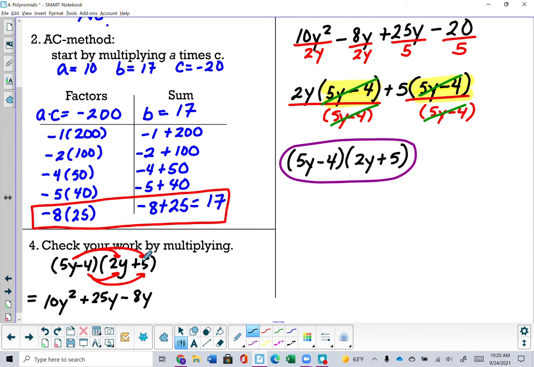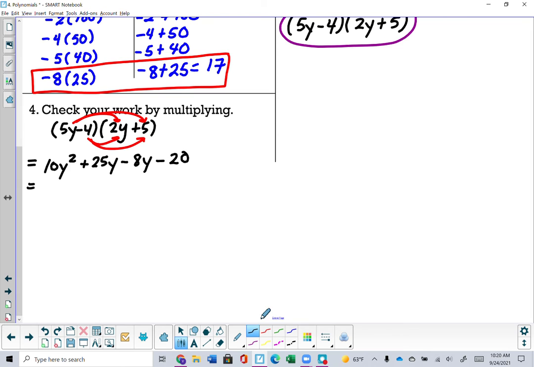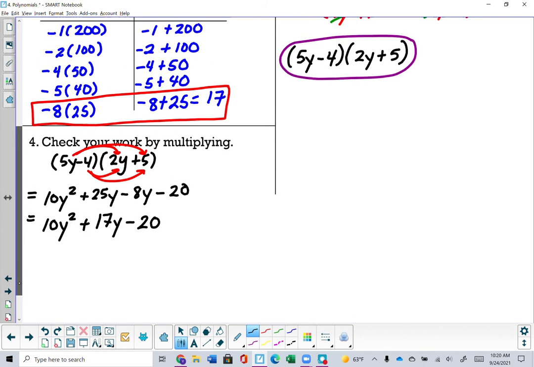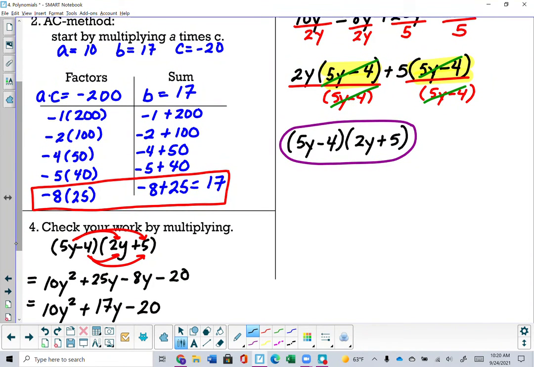And then minus 4 times 5 is minus 20. So combining your like terms, we get 10y squared plus 17y minus 20. And that is exactly what we started with. And so I feel really good about our answer. Let's do it again.